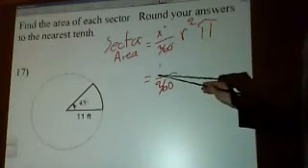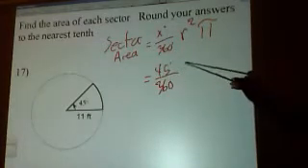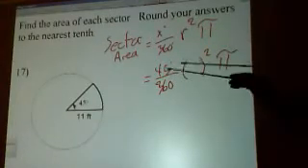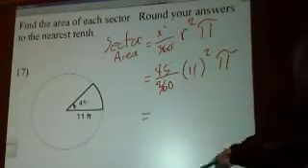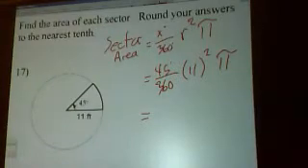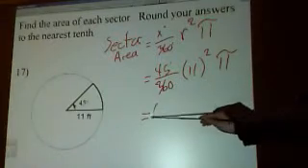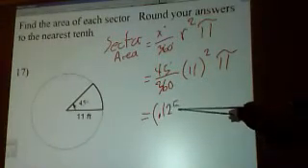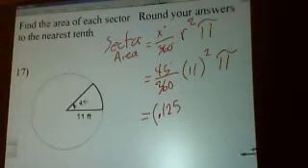So, what's my x? 45. What's my r? 11. So we got 45 divided by 360. We got 0.125.